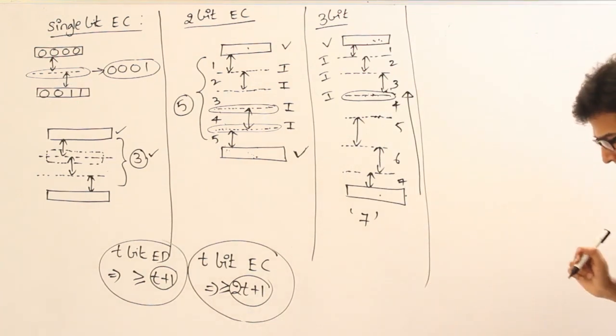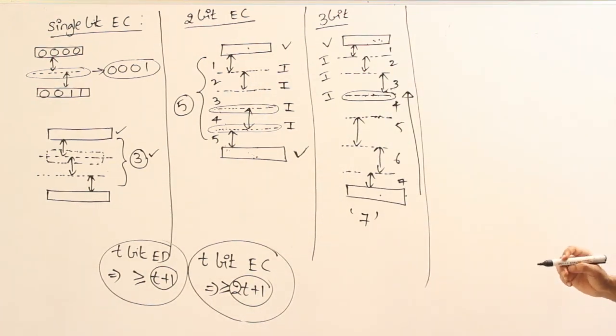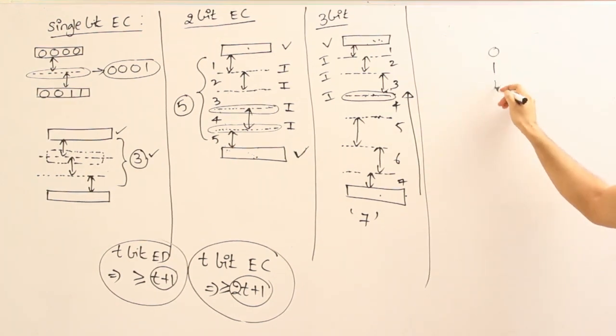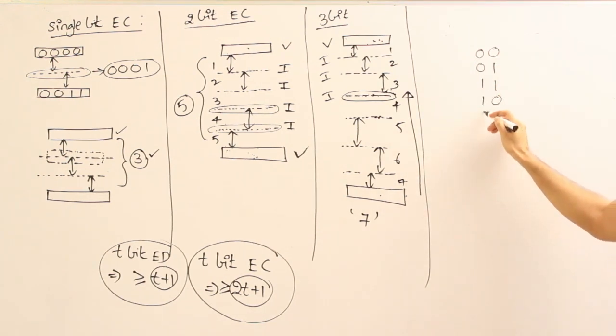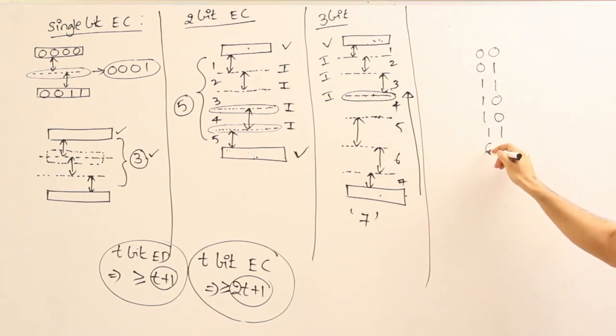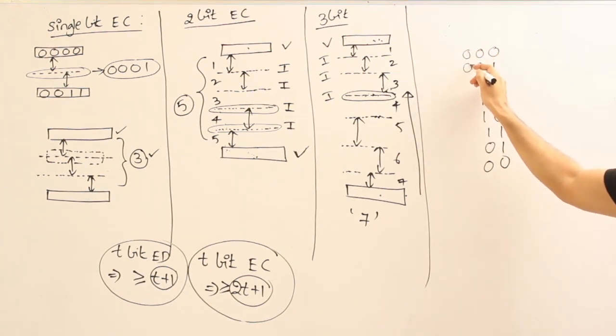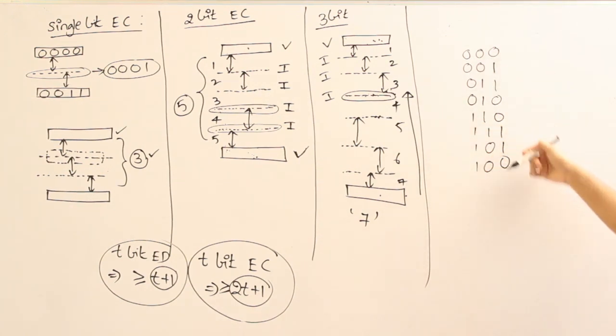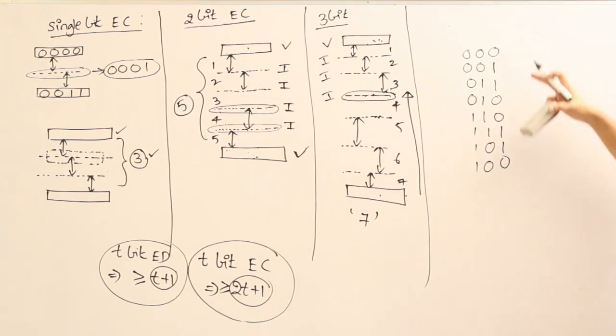Let me write the Gray code: 0 0, 0 1, 1 1, 1 0, and then 1 0, 1 1, 0 1, 0 0. Here let me put 0 0 0 0 1 1 1 1 as the leading bit. Let us say these are the 8 numbers, and we know that they represent 0 to 7.